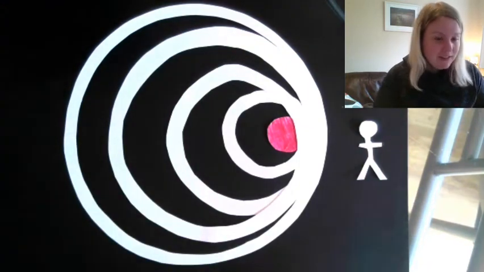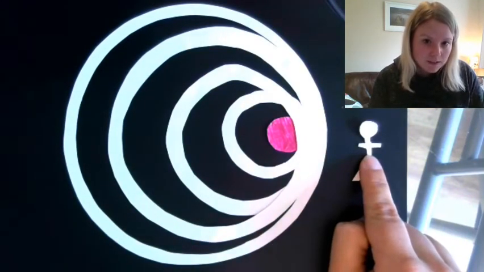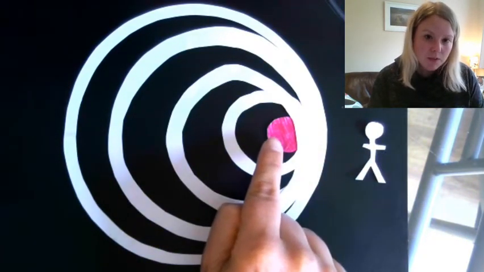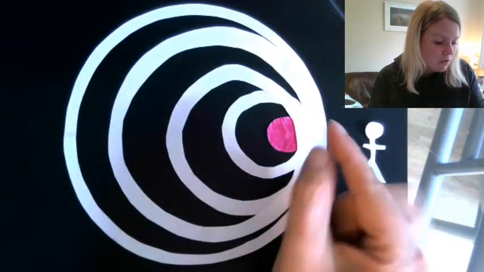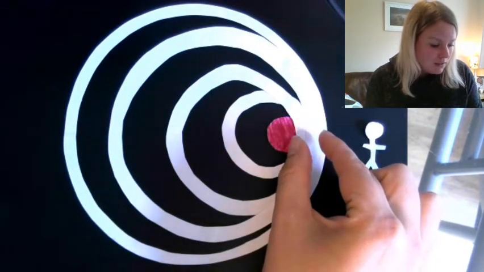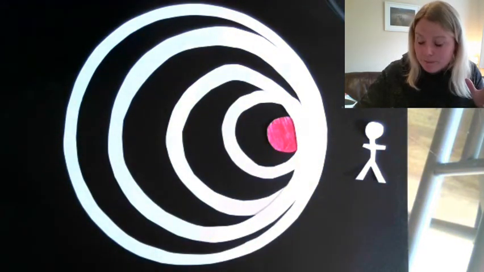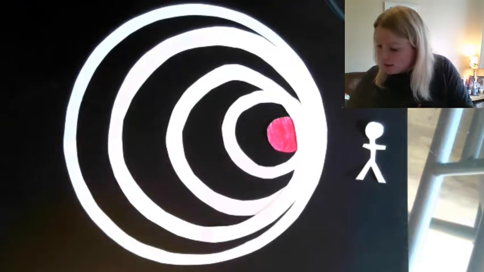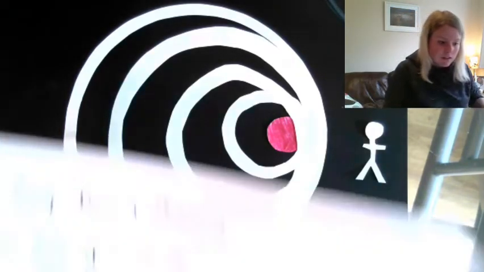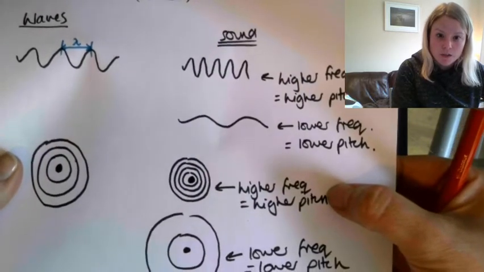So let's think back to what that means in terms of the sound. If this is you standing here and we have something moving over towards you, then the sound that you hear has smaller wavelengths than the original sound actually had, which means that, if you remember back to this, you hear it as a higher pitch.